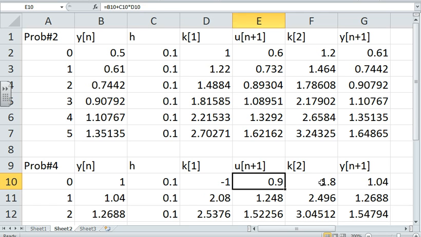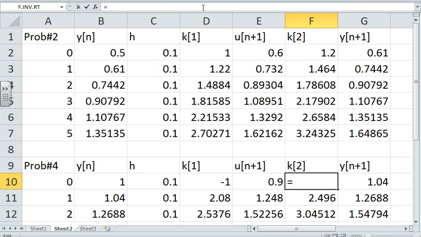K2 is the function at xn plus 1. Okay, the function at xn plus 1.